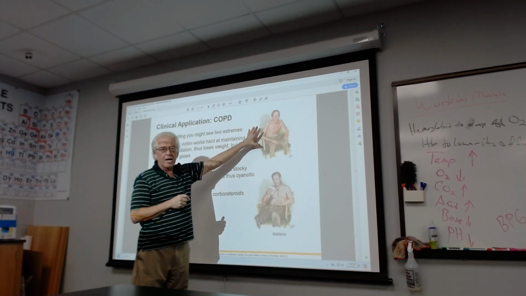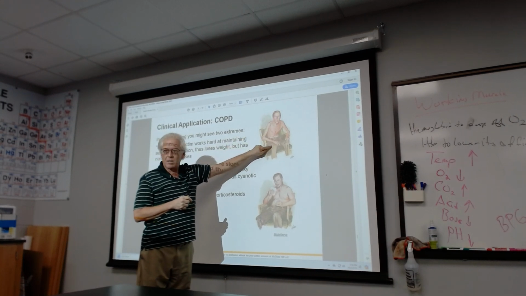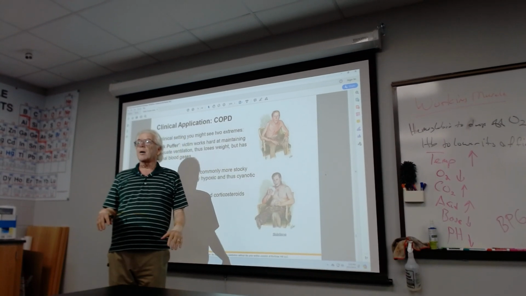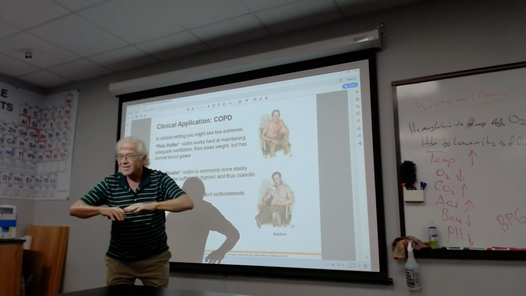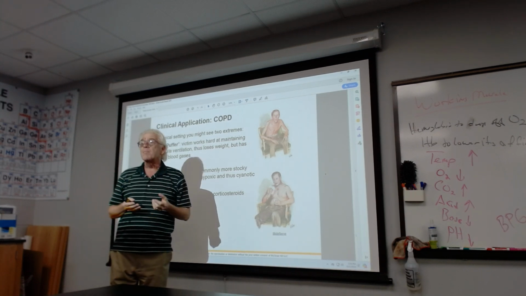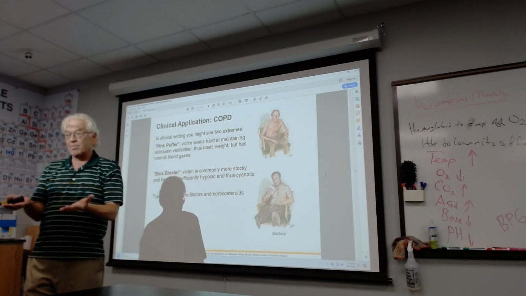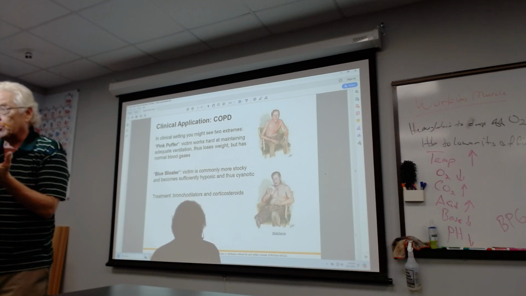Here is your pink puffer patient. Skinny, barrel chest, too weak to sit up. He is in what they call the tripod position. He's got to rest on his elbows. He hasn't got enough energy to sit up because he's been huffing and puffing, because every time he breathes in, he can't breathe it out. Got it? He has to huff and puff to breathe it out.